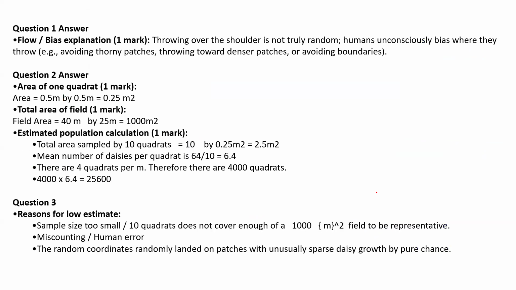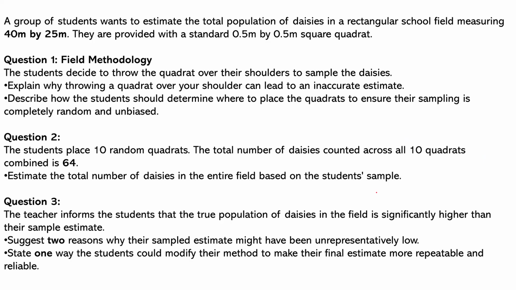Now, what I've got on the screen is a few examples of a potential style of questions that they might ask you. The most likely one is they're going to give you a field and some data and you've basically got to work out the number of daisies in a field, dandelions in a field, whatever it may well be.